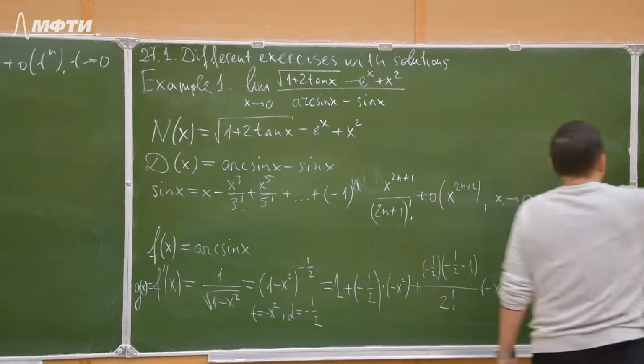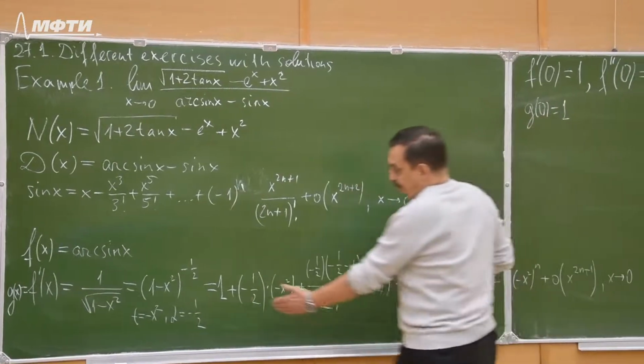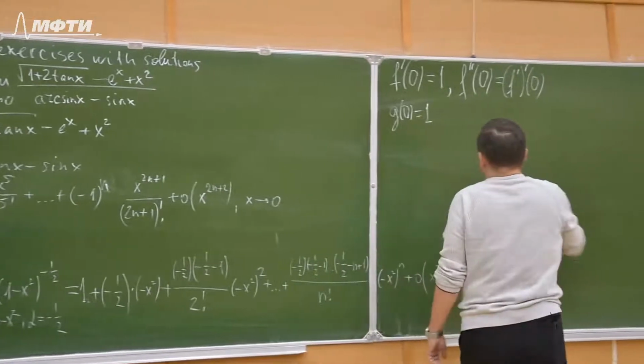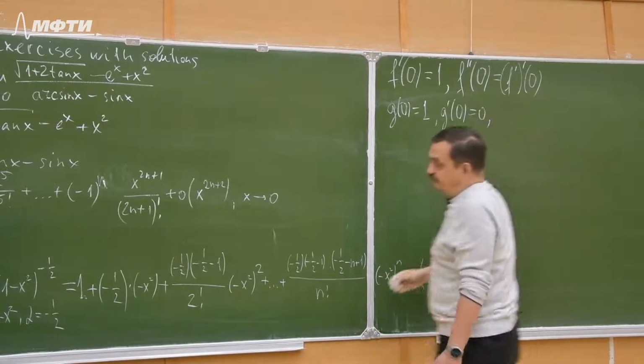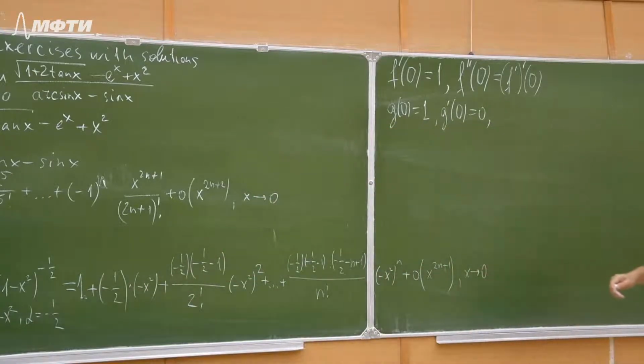Then you see g of 0 is 1 by the general Maclaurin expansion. G prime at 0 is 0, no first degree, we have no first power.